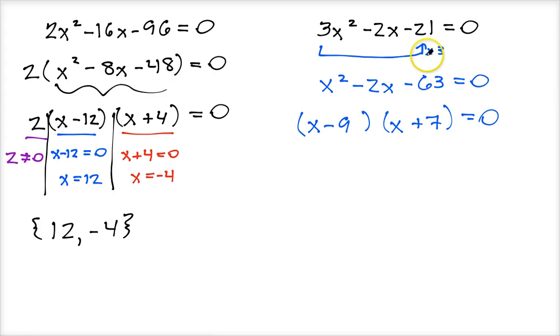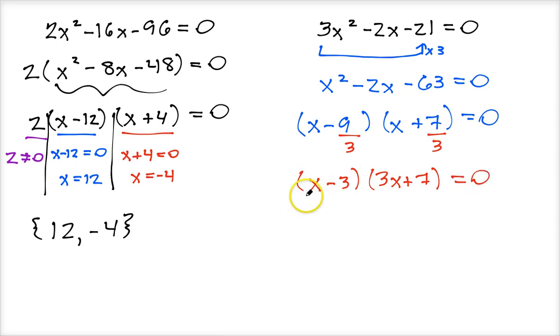And because we slid, we need to divide, so we'll divide both of those by 3. And this becomes x minus 3 times the quantity 3x plus 7. So now that we factored, we'll set both of these equal to 0. So we'll set x minus 3 and 3x plus 7 both equal to 0.